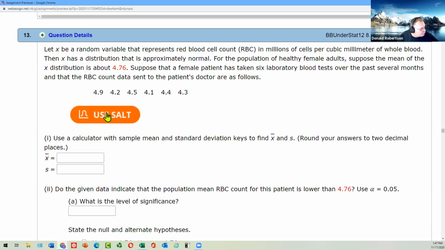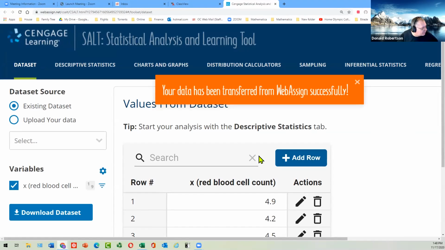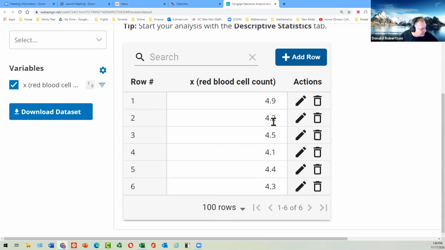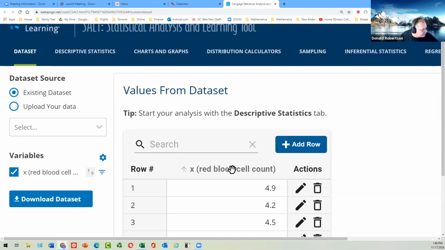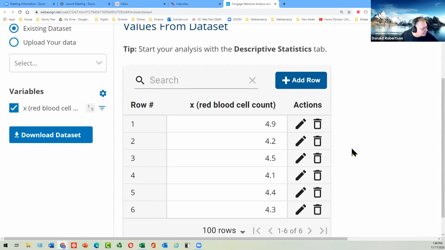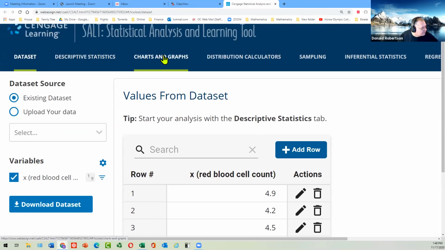Well, I'm going to hit use salt. And when you hit it, do you see that it has already got the numbers ready to use? Can anybody remember where along the top I'm going to get the mean and standard deviation of these 6 numbers? One of these guys.